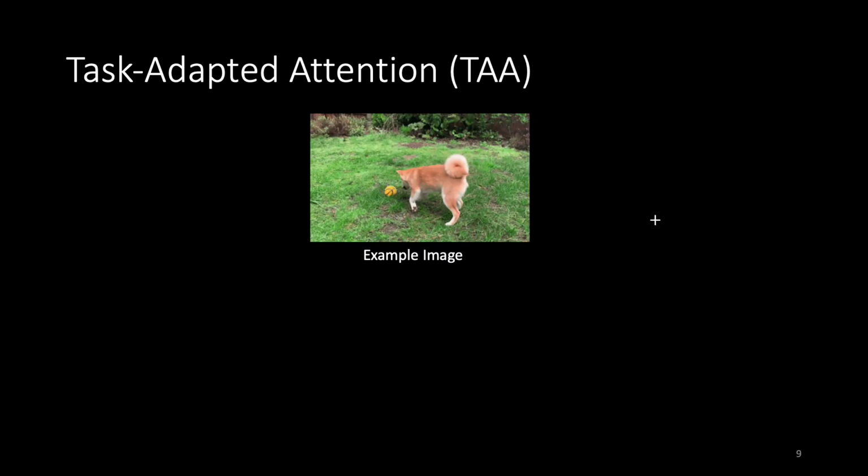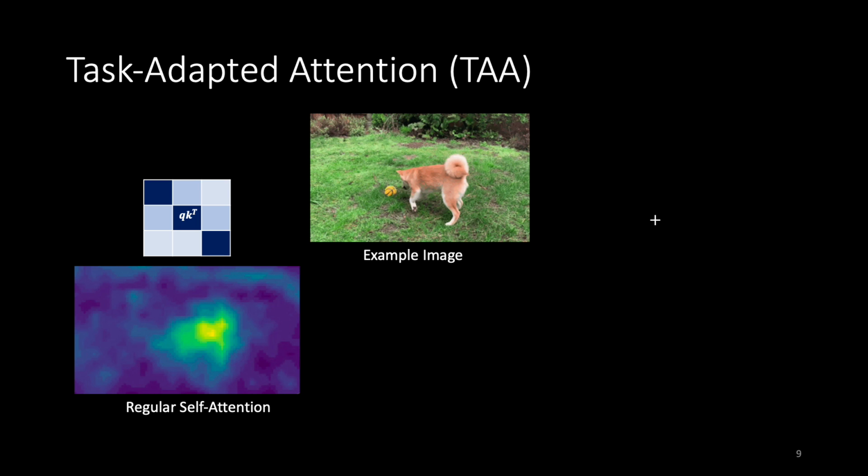If we visualize our task-adapted attention module, we see its effect on an example image, where the regular self-attention is not able to attend to the feature representations specific to a given task, simply because it has no notion of task representations beyond just the image features.